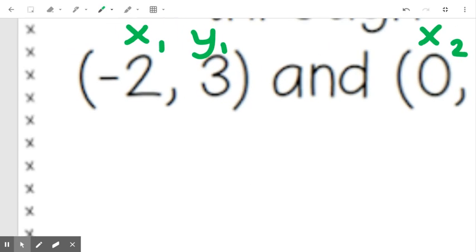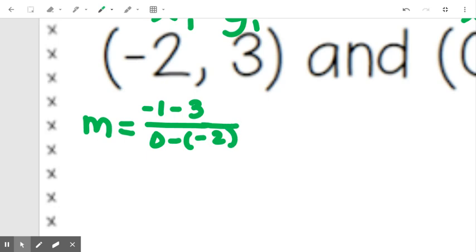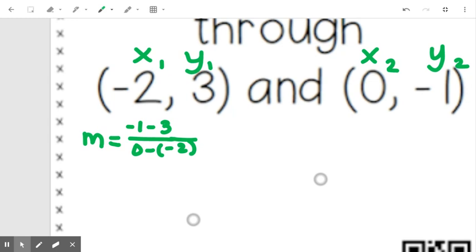So I'm going to start filling that in. We will have m equals -1 minus 3 over 0 minus -2. The only thing you really have to be careful with here are your minuses and negatives. Those numbers came directly from our points.